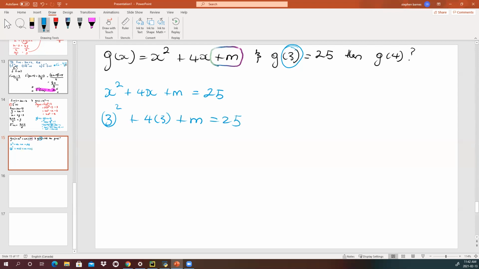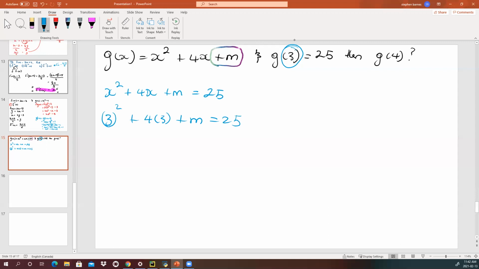All this is requiring is for you to appreciate what the inputs are and how the function works. You know that you input this anywhere you say g, and the equation equals 25. You don't know what m is, but you have the output, the input, and the function itself partially.